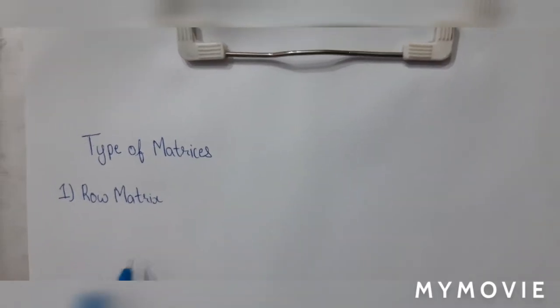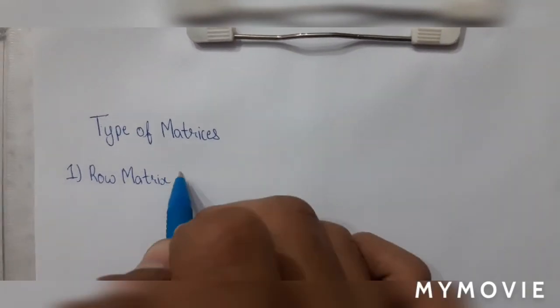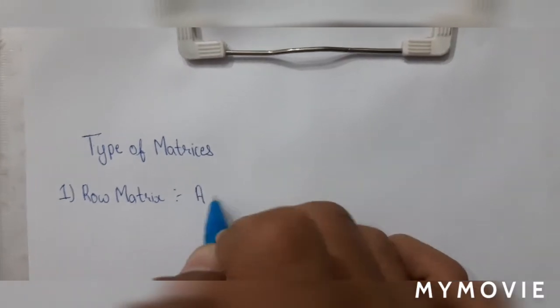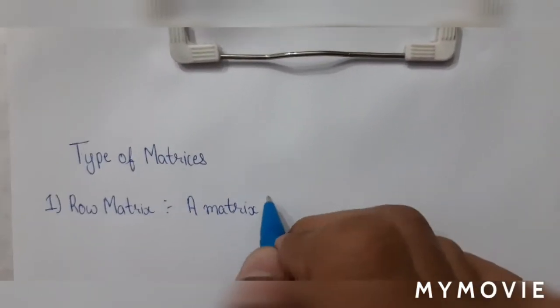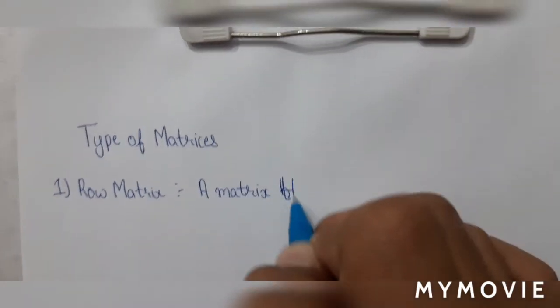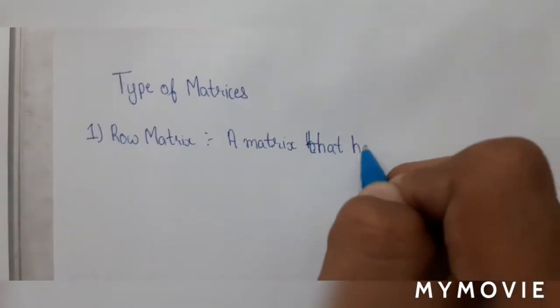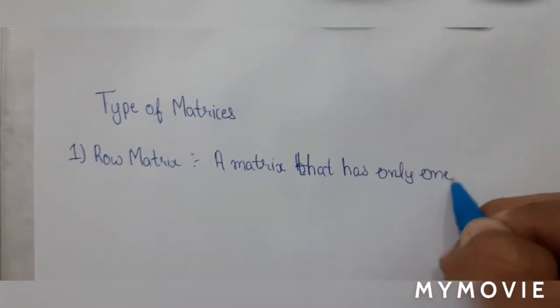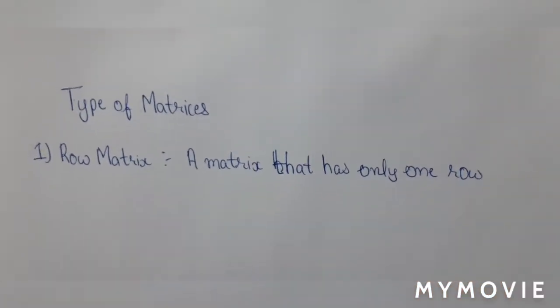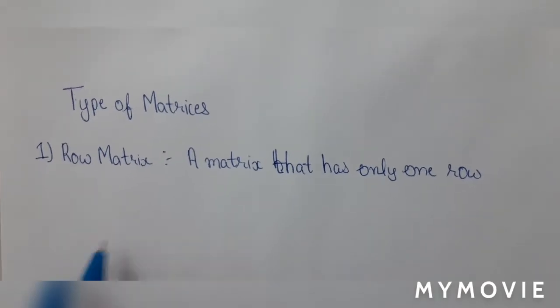So what is a row matrix? A matrix that has only one row is called a row matrix.